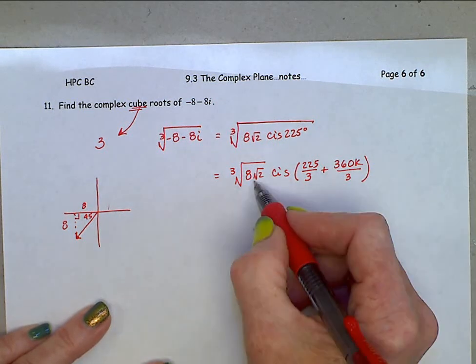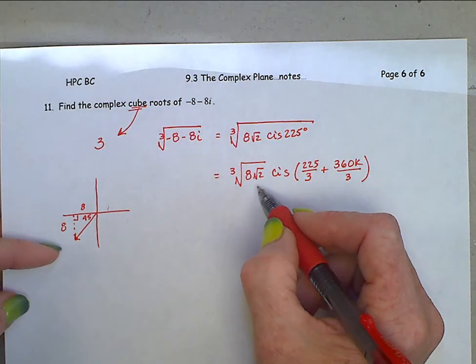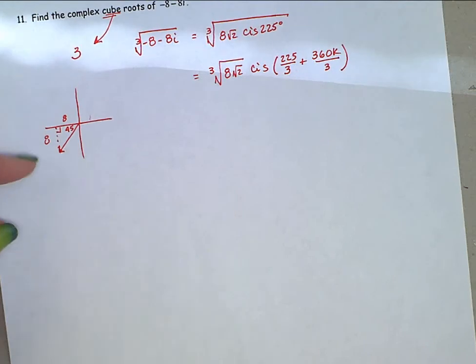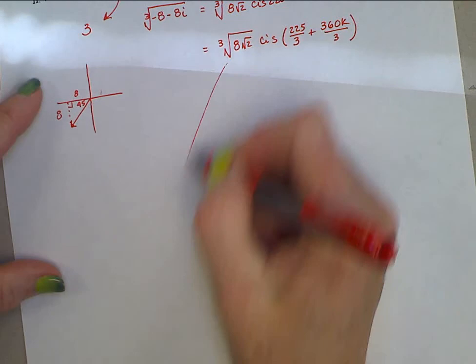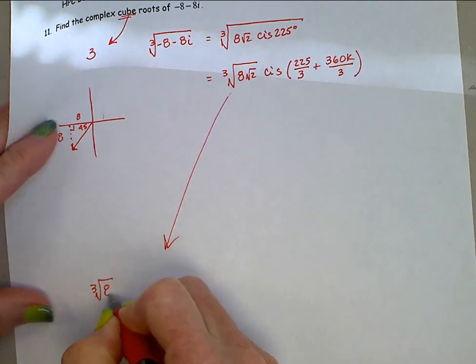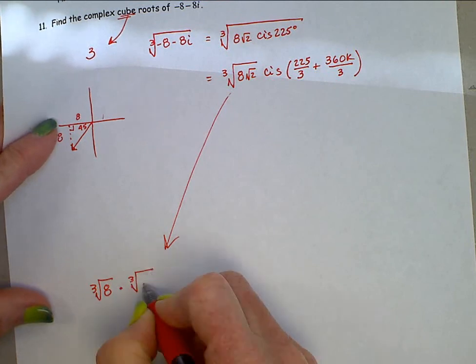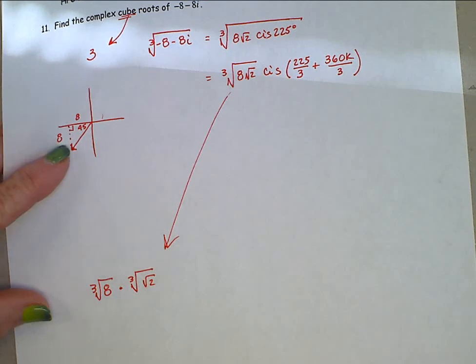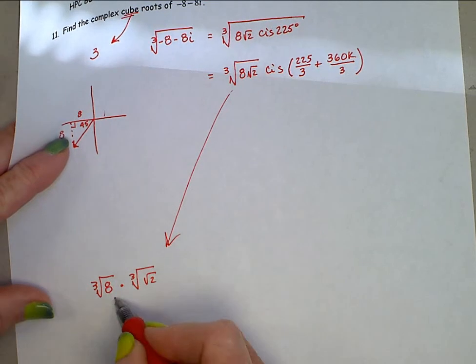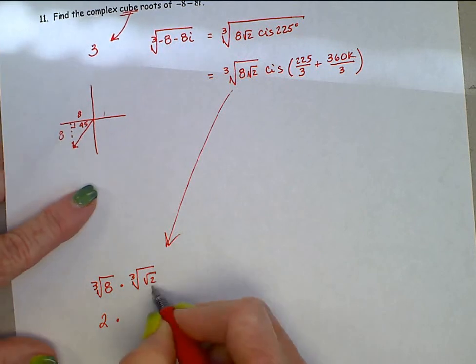Oh boy, we need to deal with this cube root of 8 square root 2. So I'm going to deal with this off to the side. That would be the cube root of 8 times the cube root of the square root of 2. Cube root of 8 is 2.